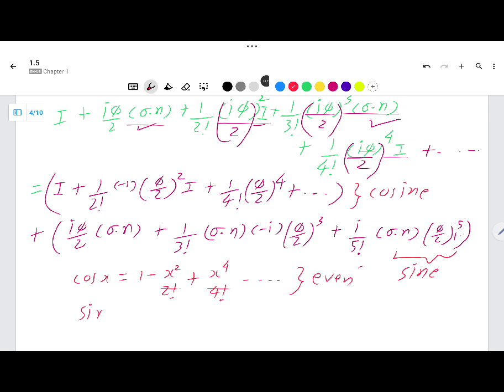Then there is sine x, this is x, x cubed by 3 factorial, x to the power 5 by 5 factorial and so on, giving me odd powers. So what are the x-like terms here? These are the 5 by 2, and here we can actually take I, sigma dot n, outside.